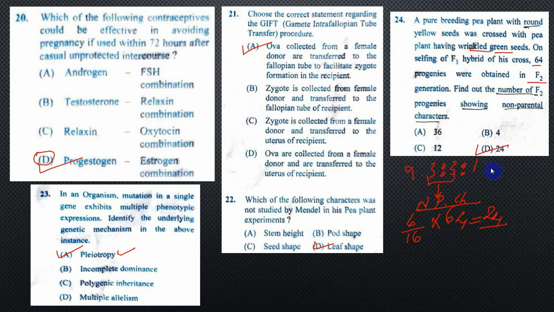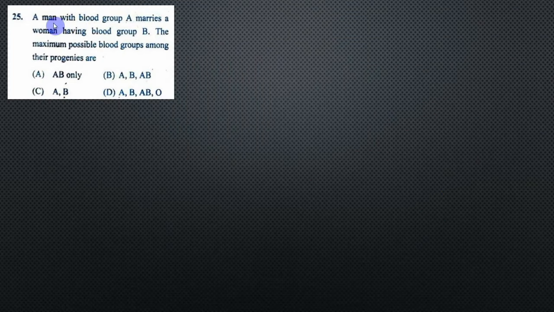A simple mathematical question that has been asked this time in the CET. A man with blood group A marries a woman with blood group B. The maximum possible blood groups among the progeny are: AB only; A, B; AB, A, B; or A, B, AB, and O. They have said maximum possible blood groups.